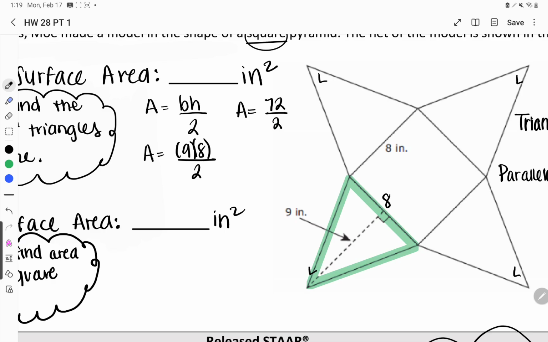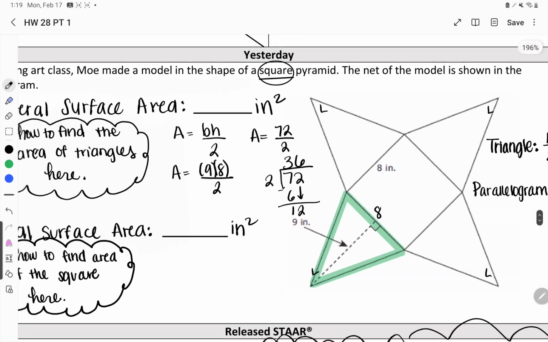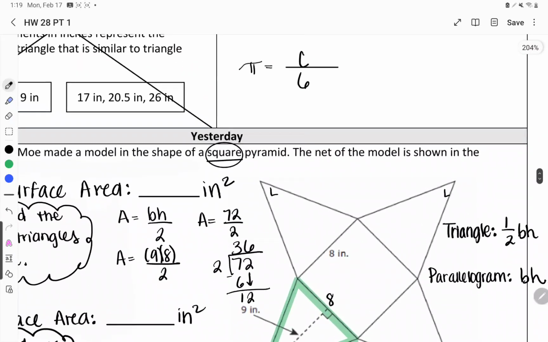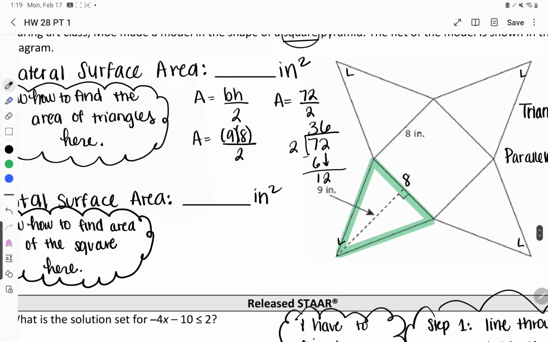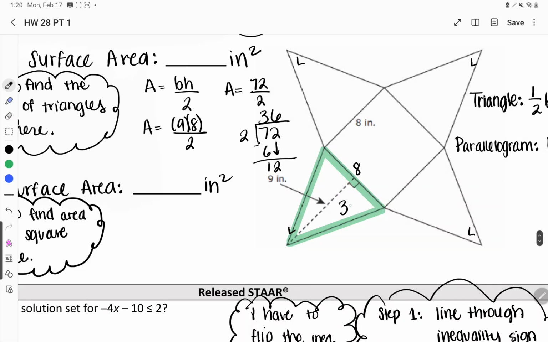And I would do 72 divided by 2. And what is 72 divided by 2? Well, if we walk through it, we know that 2 goes into 7 3 times. 3 times 2 is 6. Subtract, and that gives us 1. Drop down that 2, and 2 goes into 12 6 times. So we find that the area of one of our triangles is 36.